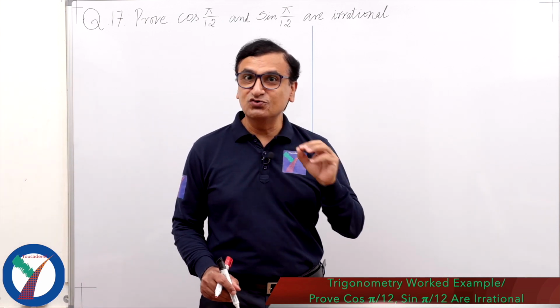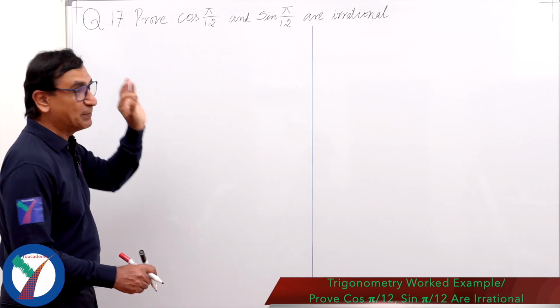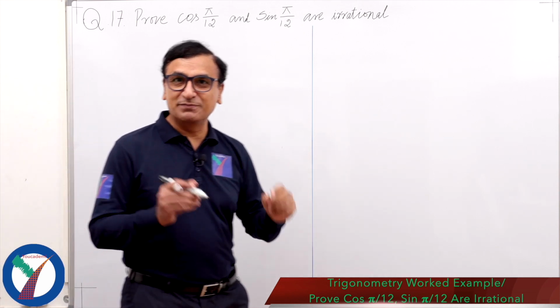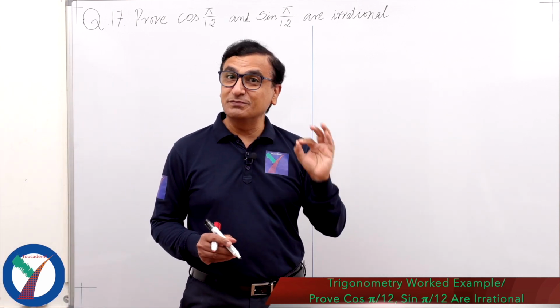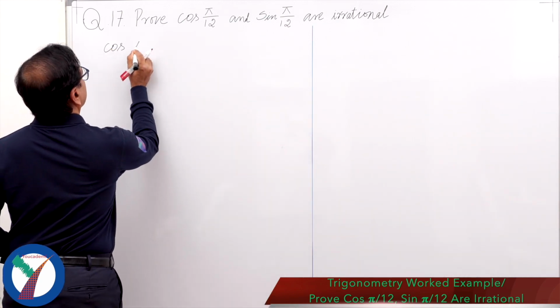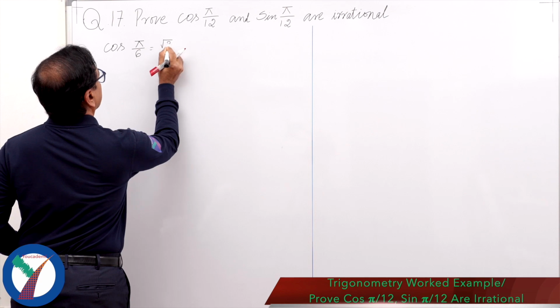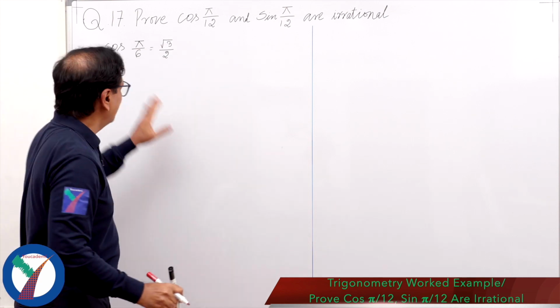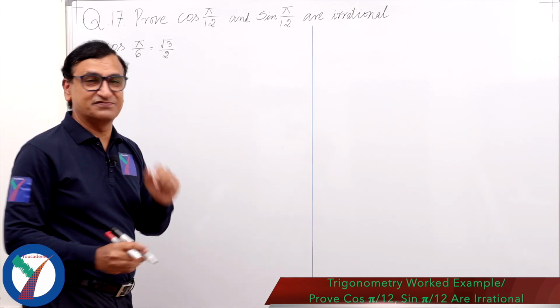Let's start with the known value of cos pi by 6. What is cos pi by 6? It is square root of 3 by 2. We'll start from there. Okay, I can rewrite this cos pi by 6 in this fashion.